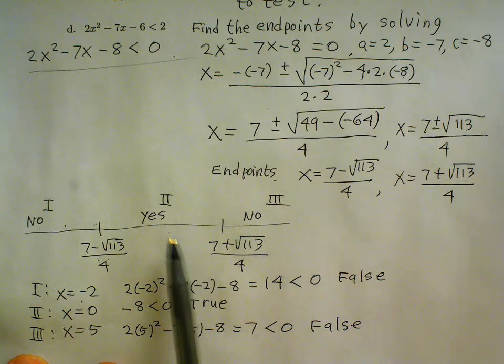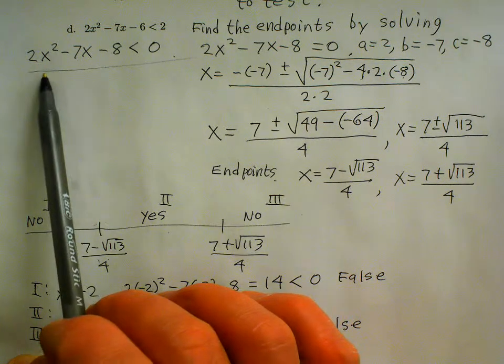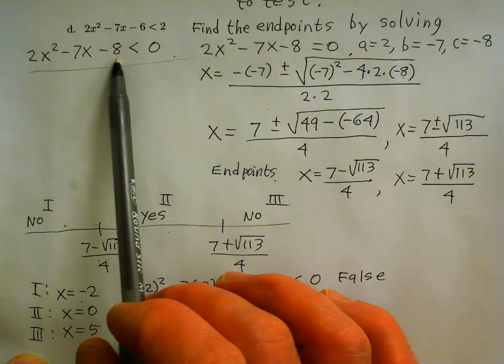We're going to exclude the endpoints. Remember the endpoints? Those real numbers are what make 2x squared minus 7x minus 8 equal to 0.